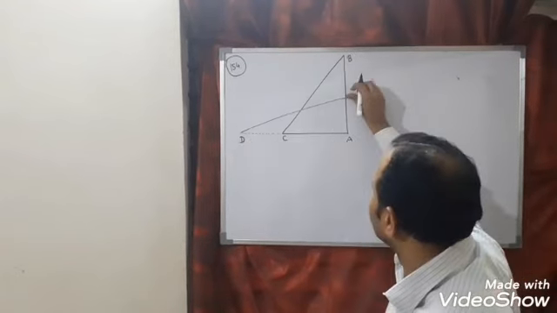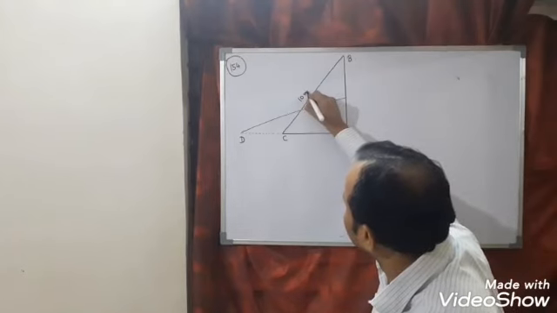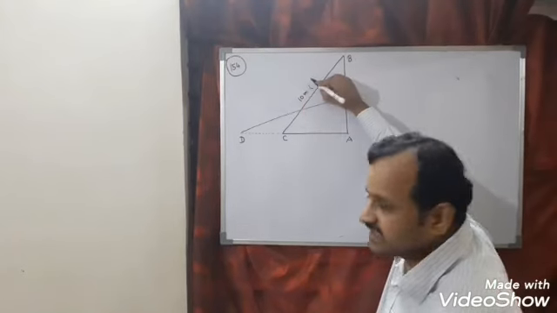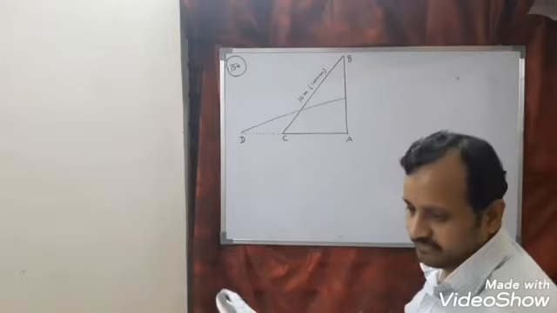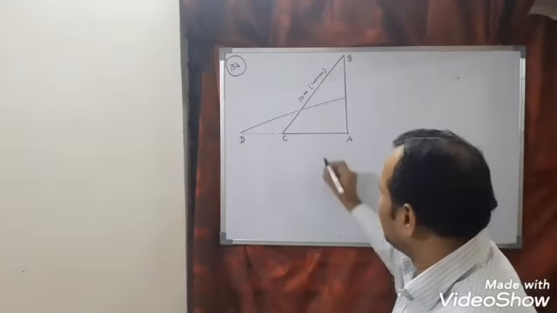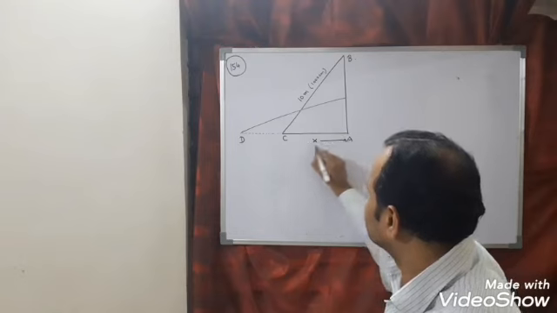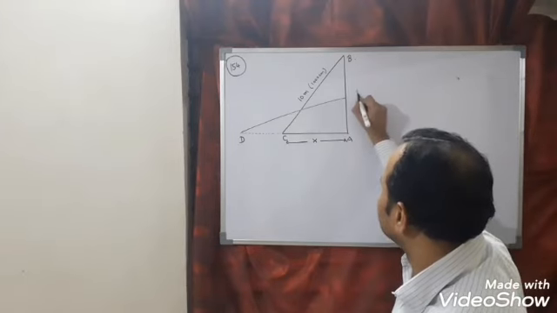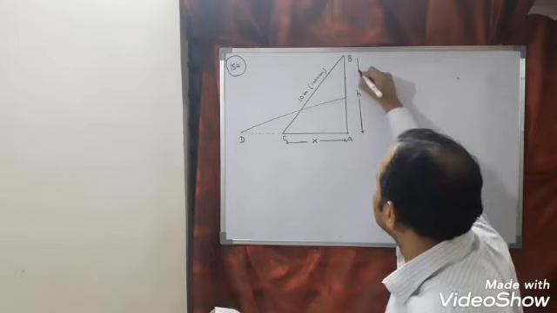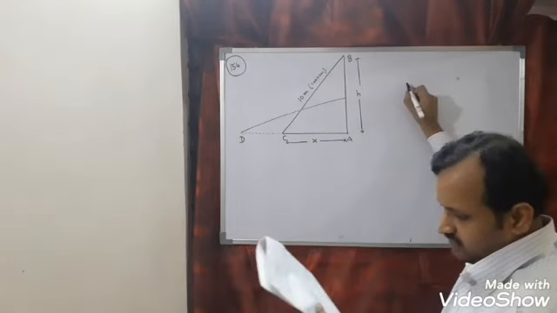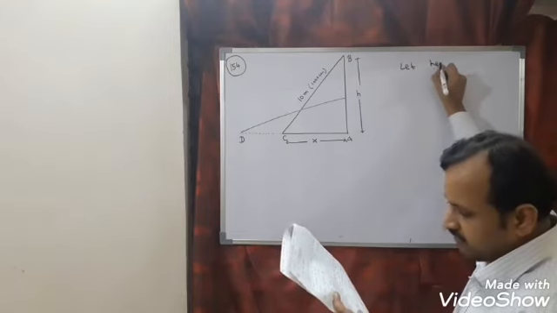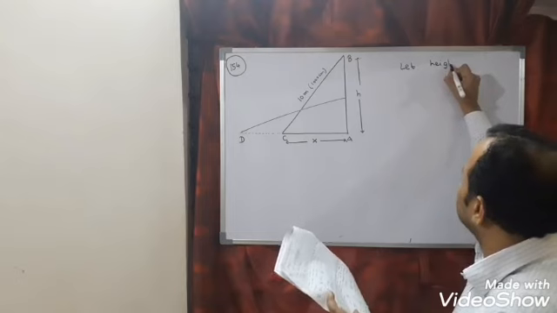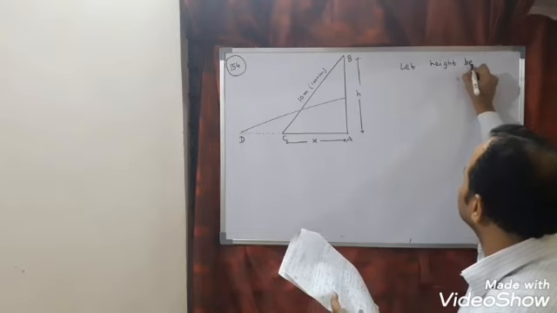What is given? Given is 10 meter long. So this is nothing but 10 meter, or in centimeter, 1000 centimeter. Now I am assuming this distance to be x, and the height I am assuming to be h. So let the height be h.